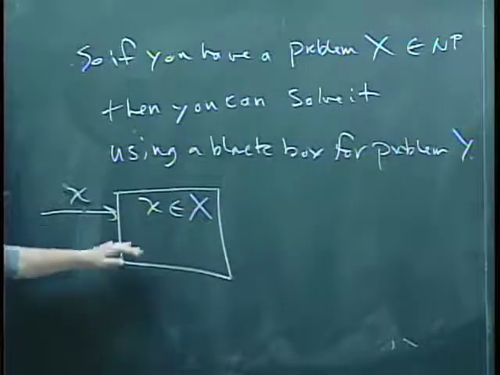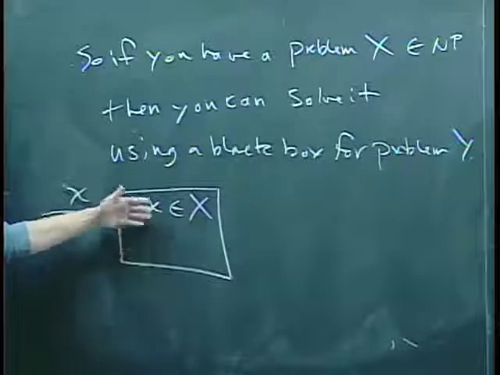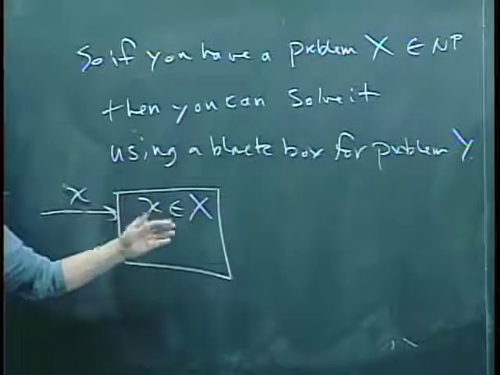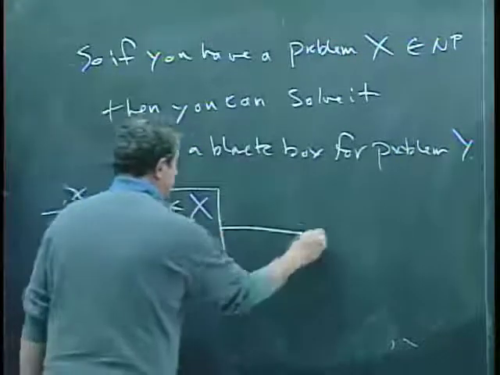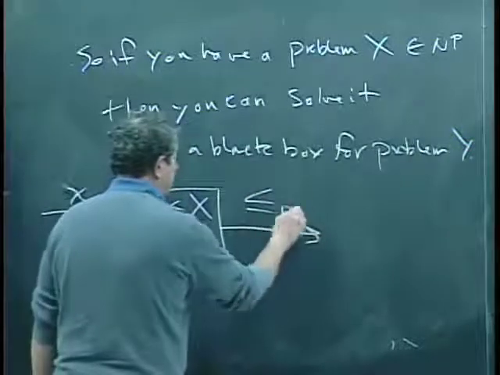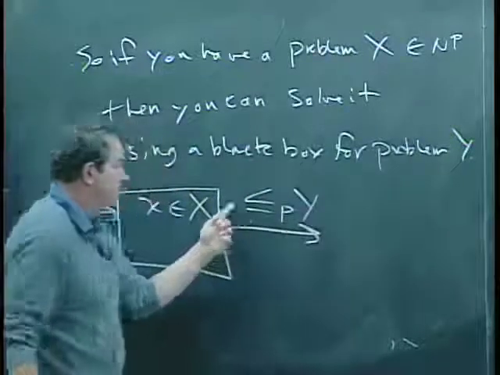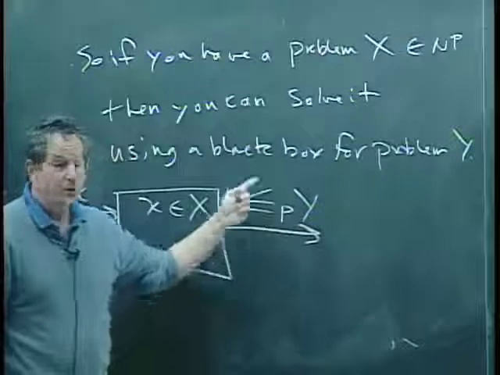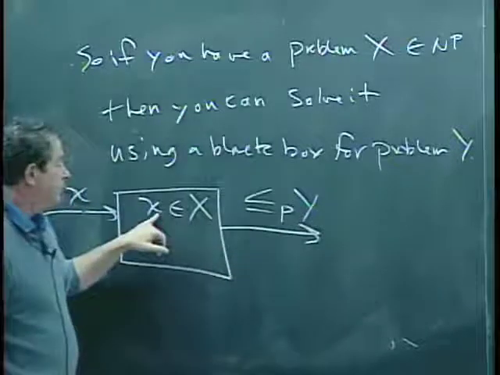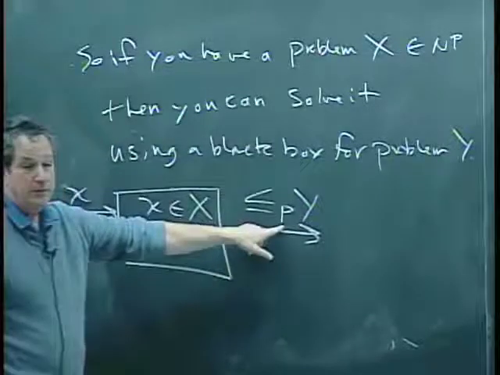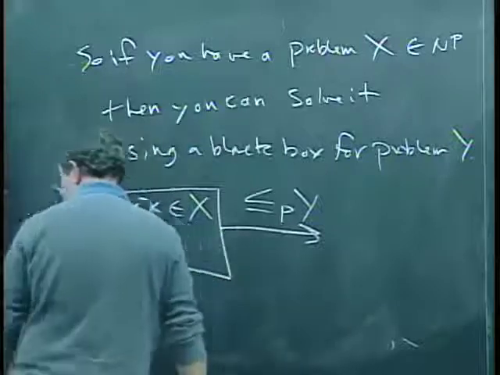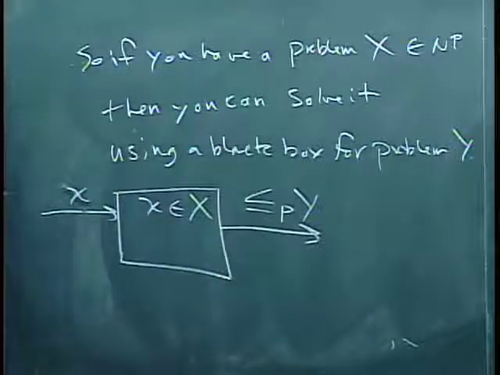But instead of solving that directly, what you do is you do the polynomial time reduction to Y, which means this is an algorithm here which takes in little x, works on it in polynomial time, and produces an instance little y.